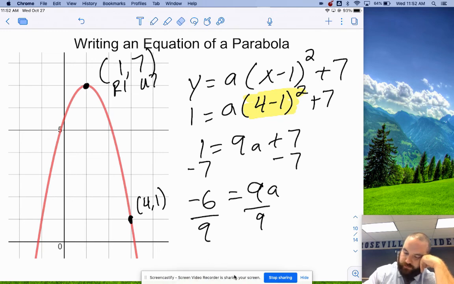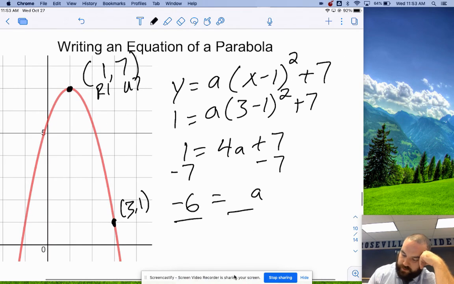Oh, shoot. So I made a mistake here. That's all right. This stuff happens. This is not 4, 1, and maybe you're screaming at your iPad right now. This is 3, 1. So this should be a 3. 3 minus 1 is 2. 2 squared is 4. So there should be a 4 there. My bad. 4a divided by 4, divided by 4.